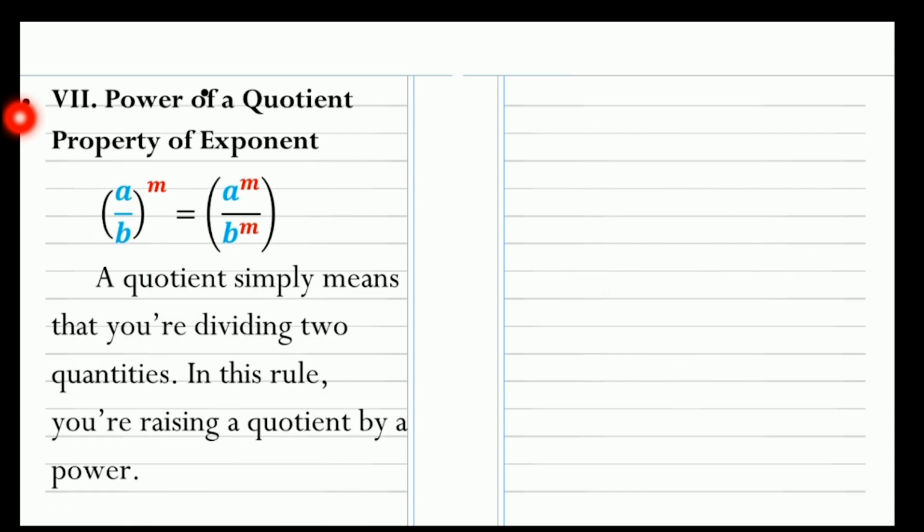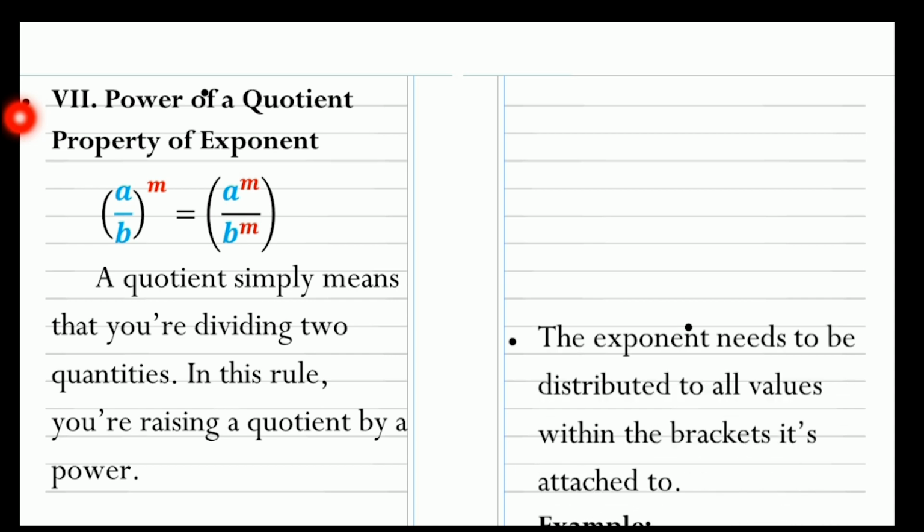Seventh, the power of a quotient property of exponent. The quantity a over b raised to m is equal to the quantity a raised to m over b raised to m. A quotient simply means that you are dividing two quantities. In this rule, you are raising a quotient to a power.